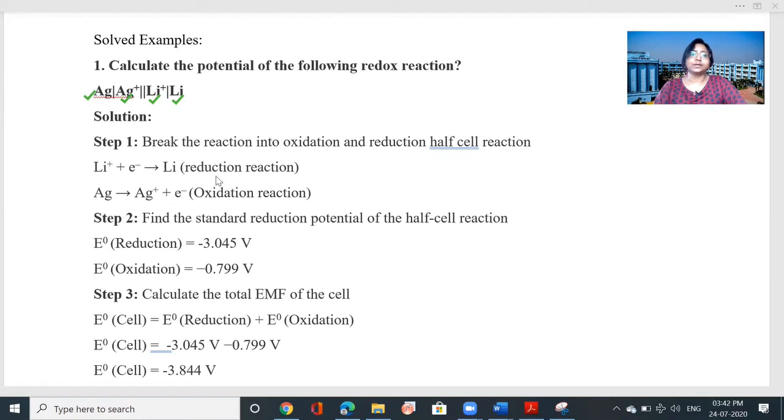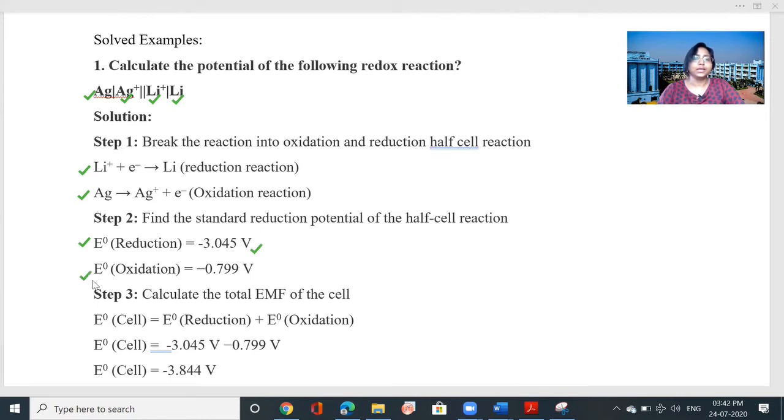So first, break it into two parts. First is the reduction reaction and this one is the oxidation reaction. Next, E reduction is the standard reduction potential of the half cell reaction, that is E0 reduction equal to minus 3.045 volt.